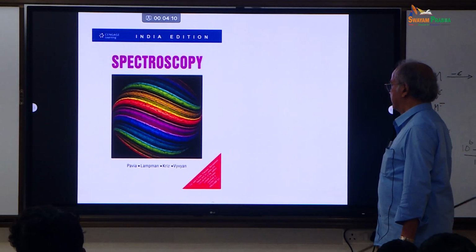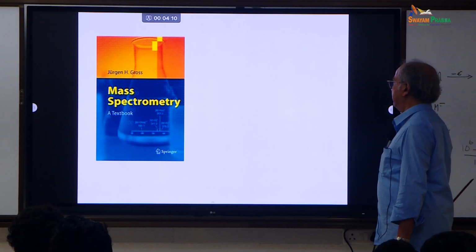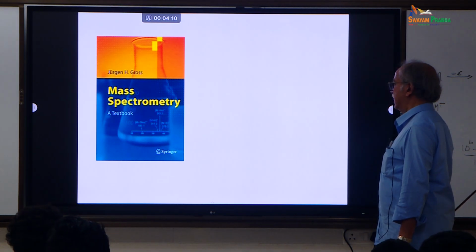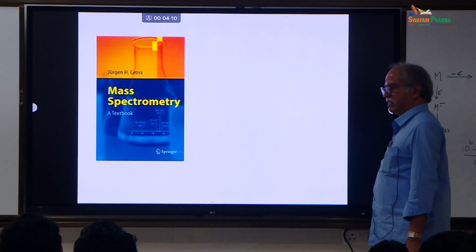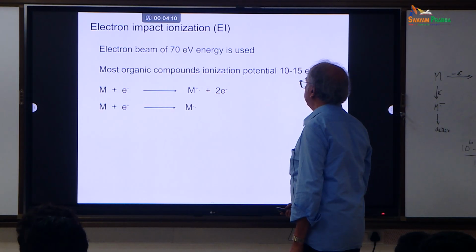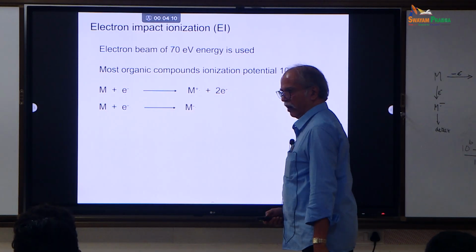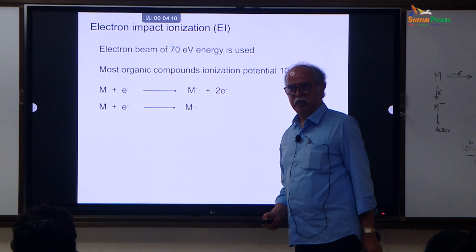This is a book from which I took some material, Mass Spectrometry by Jürgen Gross. He is an expert in mass spectrometry. An electron beam of 70 electron volts energy is used. How do you produce a 70 electron volt electron beam?